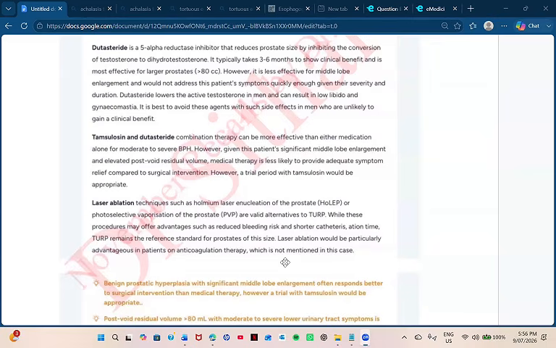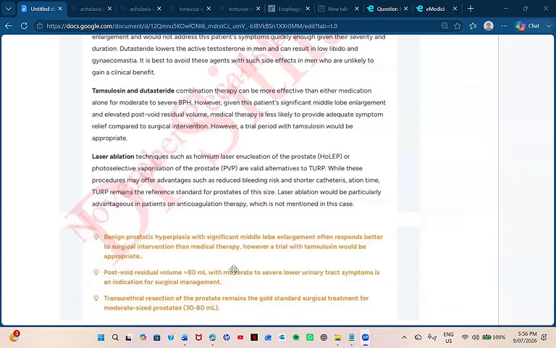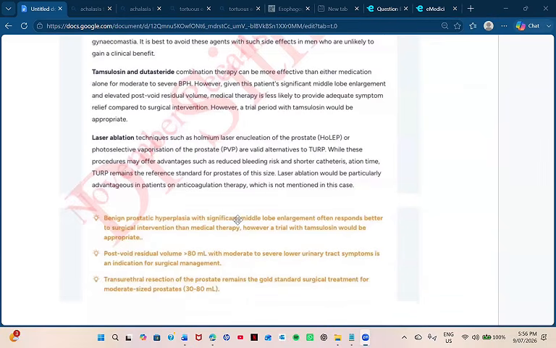BPH with significant middle lobe enlargement often responds better to surgical intervention. So that is for the BPH. A post-void residual volume of more than 80 milliliters with moderate to severe lower urinary tract symptoms is an indication for surgical management. That is also for BPH.